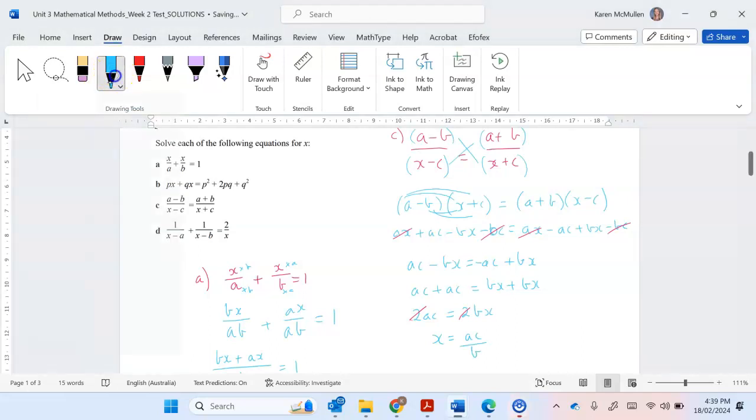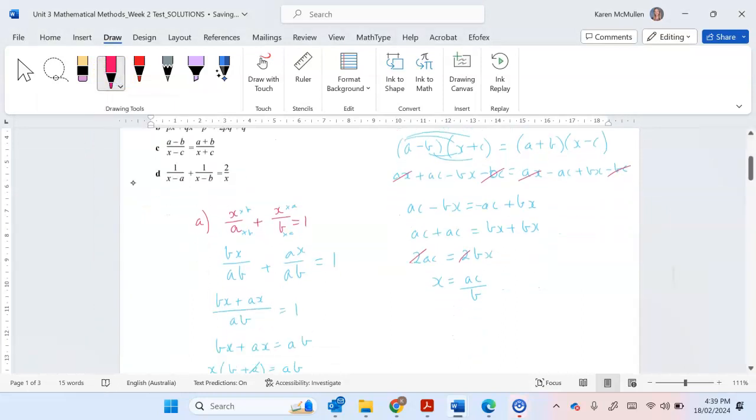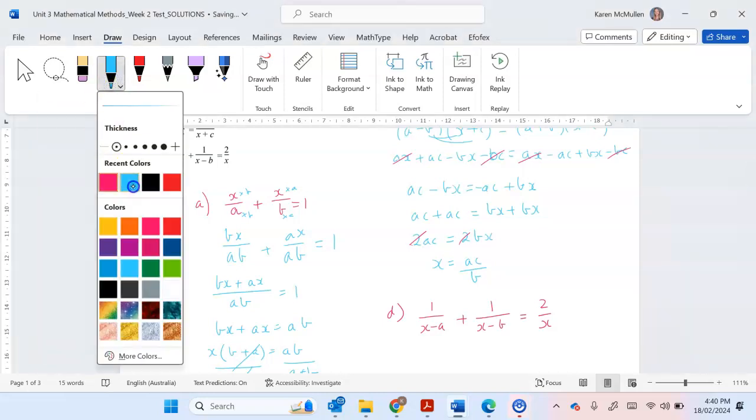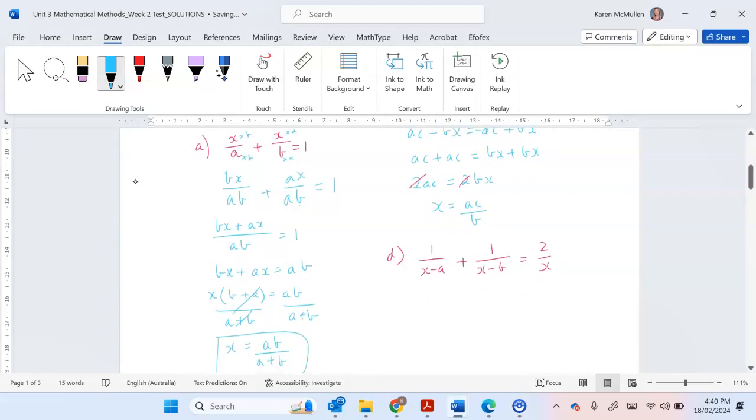All right, question numero D, because D is a number, isn't it? Silly me. Okay, we've got 1 over x minus a plus 1 over x minus b equals 2 over x. Alright, so again, we cannot add those fractions together because we don't have the same denominator.